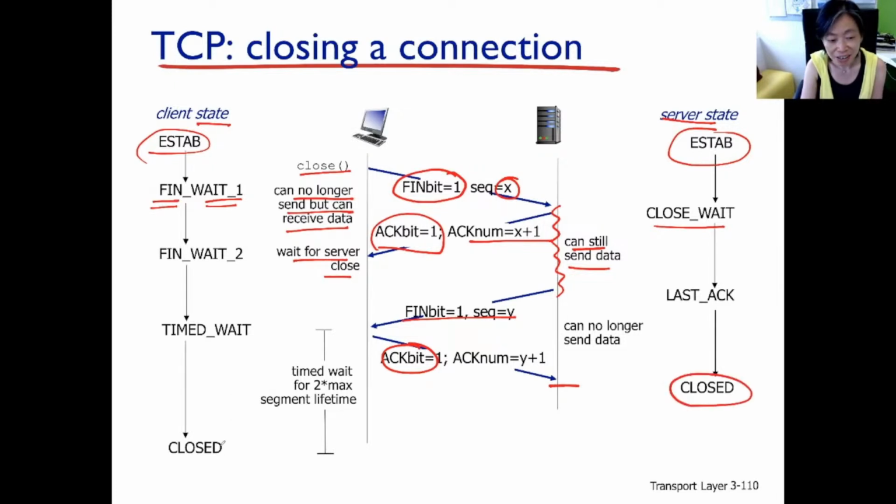But the client here needs to wait 2 maximum segment lifetime before it can really close. And this maximum segment lifetime is usually 60 seconds long. Can you guess why? Why the client needs to stay so long until it can really close the connection?